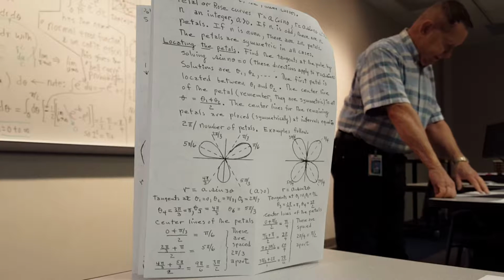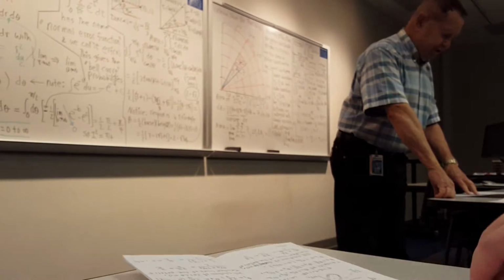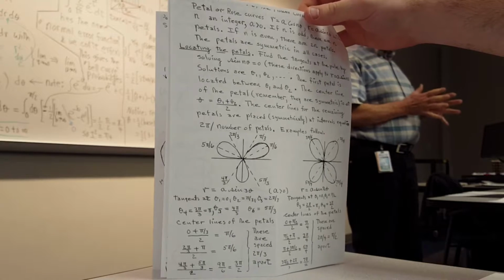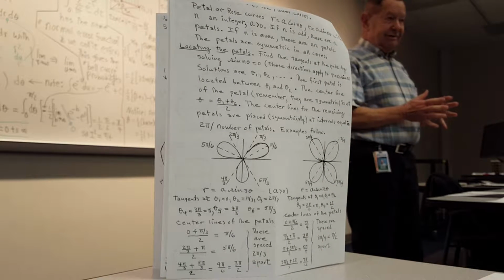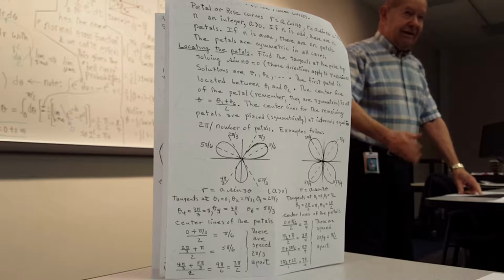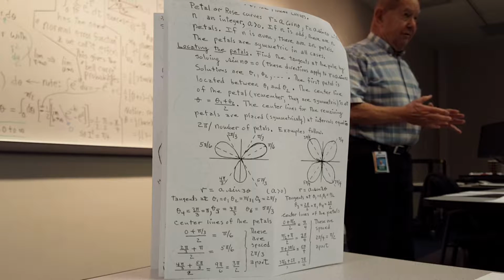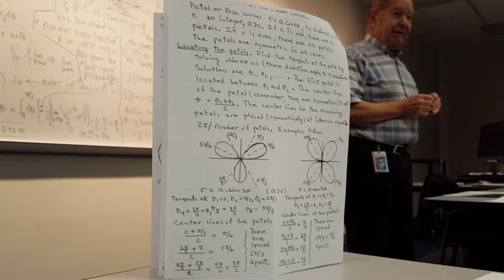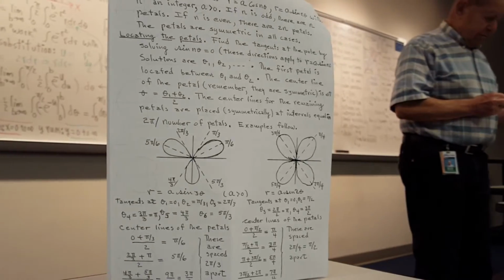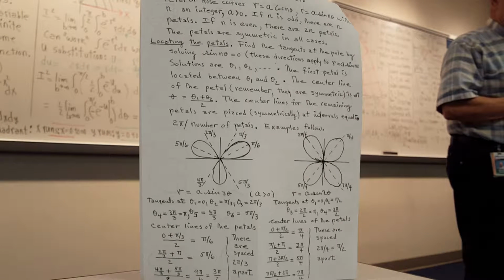Well, anyway, for instance, look at the one on the left. A coefficient A, sine of 3 theta. So if you set sine 3 theta equal to 0, what you're getting will be various angles, and if you're at that angle, then what you're doing is going from the pole out at that angle.